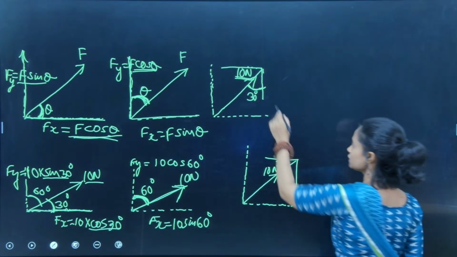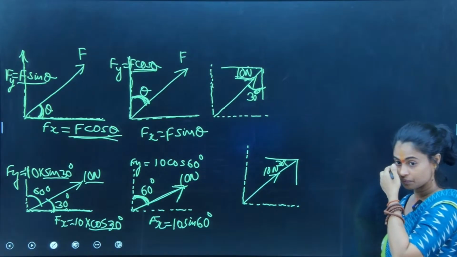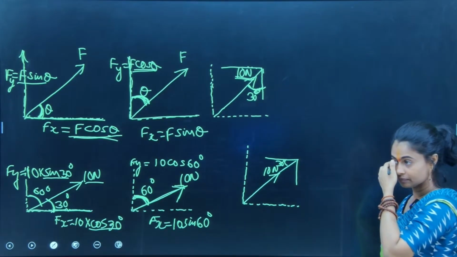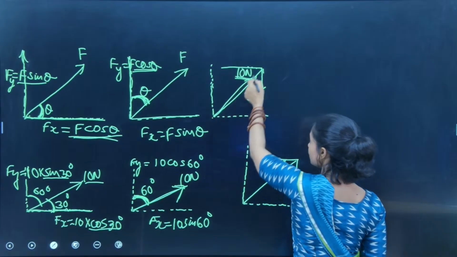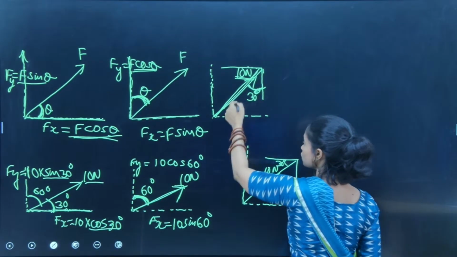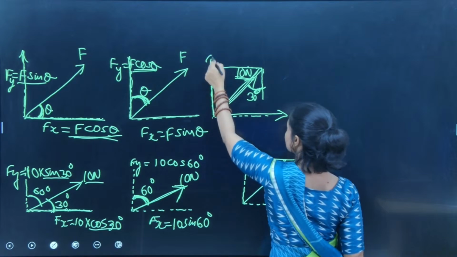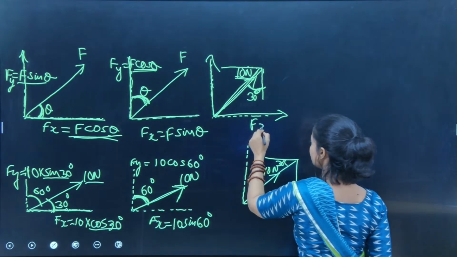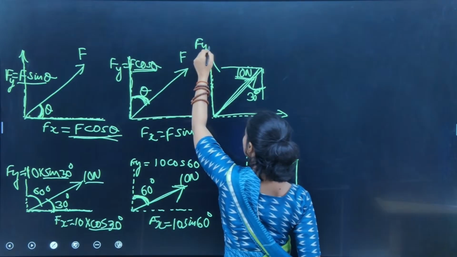So if this is the case, how will I find the components of the force? Any idea? 30 is here, the force is going outward. So its components will be this and this, right? This will be the x component and this will be the y component.